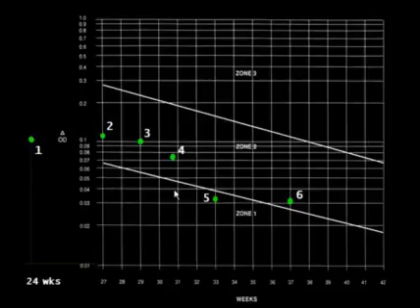Therefore, if there is hemolysis, the bilirubin will increase, and also the value reported here on the curve will increase. Now, if the value is in zone 1, the fetus is non-anemic. If it is in zone 2, the fetus is probably non-anemic, but is maybe becoming anemic. And if the value is in zone 3, the fetus is most likely anemic.